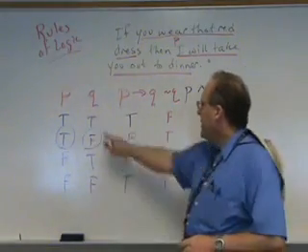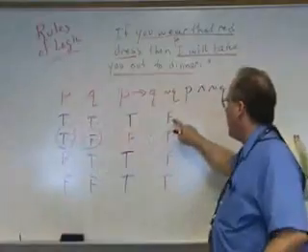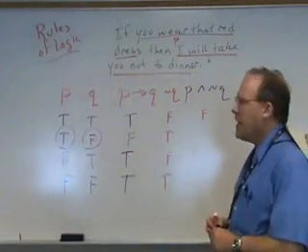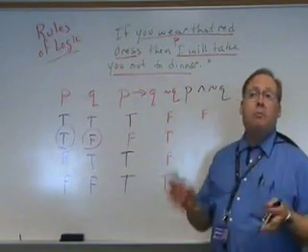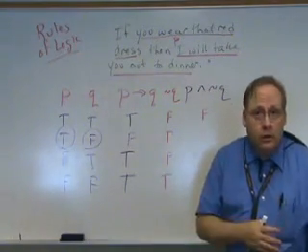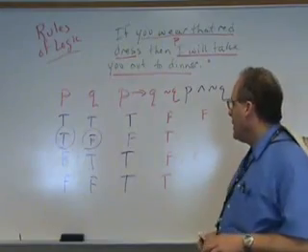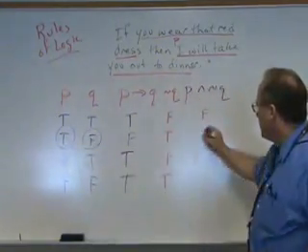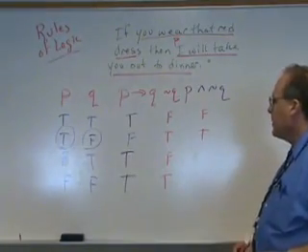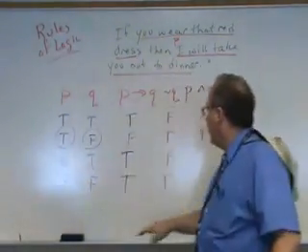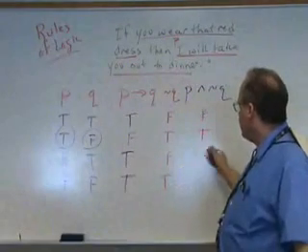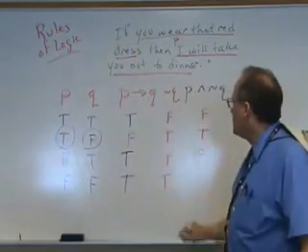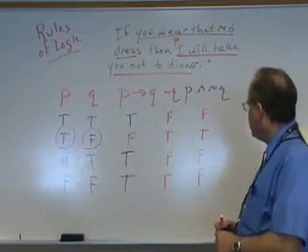And can you see that a true and false is false? You know that an and statement is true only when both parts are true. Well, here's a true and true. Now that's true. Here's a false and false. Well, that's false. And false and true is false.